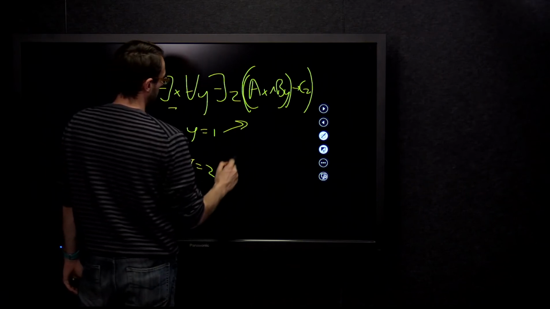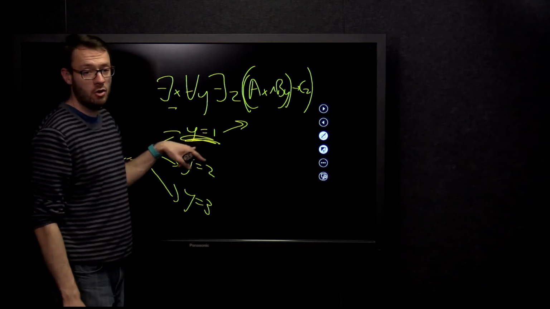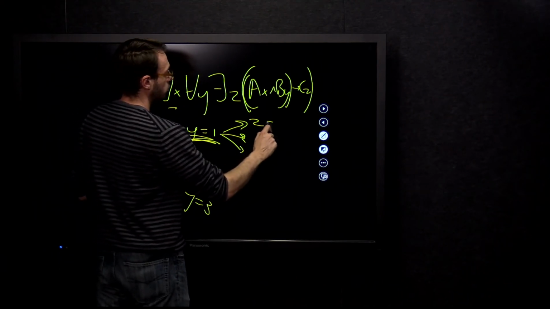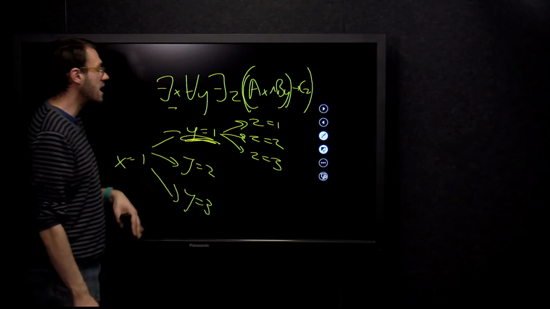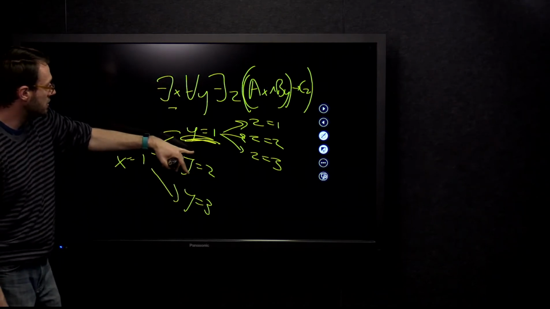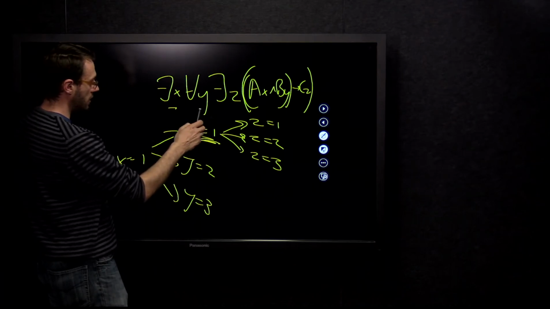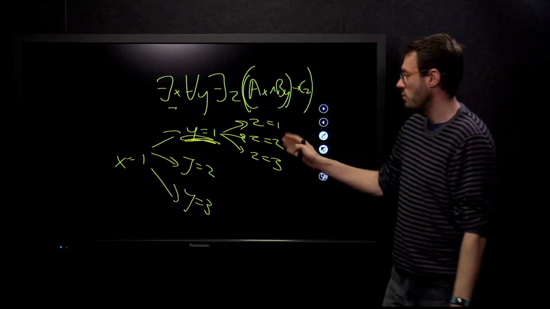And for each of those values, for one of those cases, namely when y was equal to 1 or when y was equal to 3, the conditionals that came out were true regardless of whether z was true or not. And so that meant that there is some value for x such that for all of these values for y, namely when y equals 1, or y equals 2 or y equals 3, there was some value for z where it made it true.